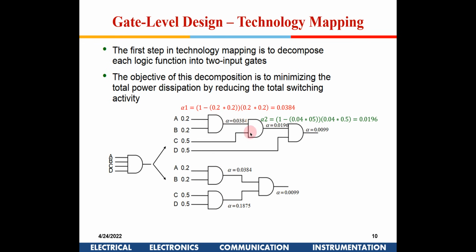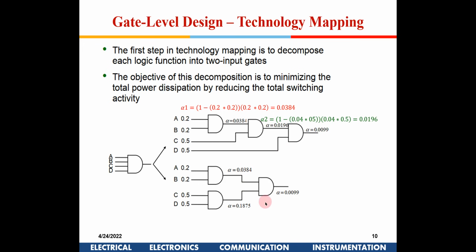Whereas in this particular configuration this is 0.2, so there is very little probability of this node going to 1, and we are taking that input and putting it into an AND gate, right? So obviously this node will not make many transitions. Although this is high, for the output node to go to 1, this also has to be 1, but that is coming from a lesser activity chain. So obviously this will have lesser power.